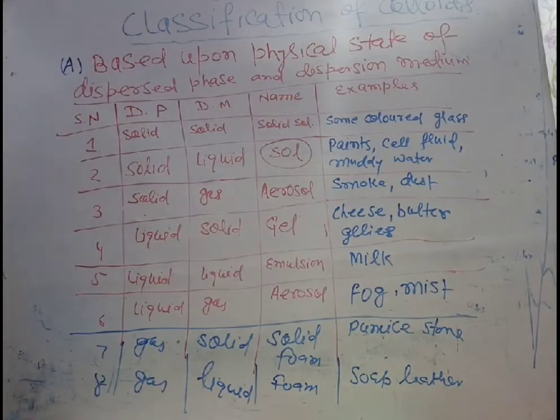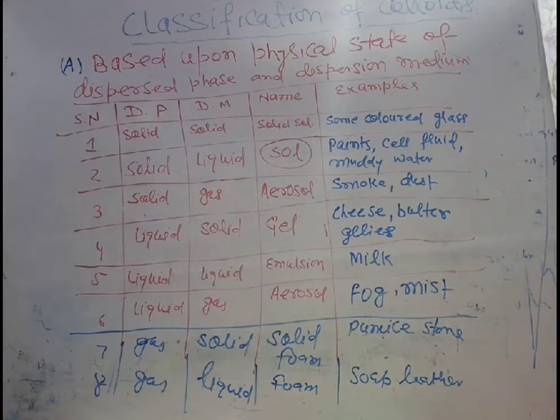You know, colloid is heterogeneous in nature, means the colloidal solution is heterogeneous in nature, and the size of particles in colloidal solution lies in between 1 nanometer to 1000 nanometer.